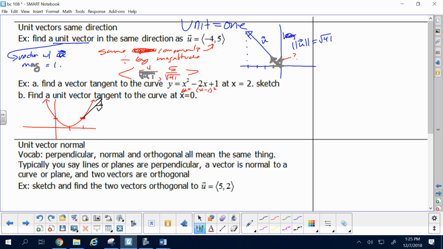Focus on the direction. How do I get to direction? Tangent implies? Derivative, yes. Okay, dy/dx is 2x minus 2, at 2, or 2. Please, it's helpful to make it a ratio, so call it 2 over 1.